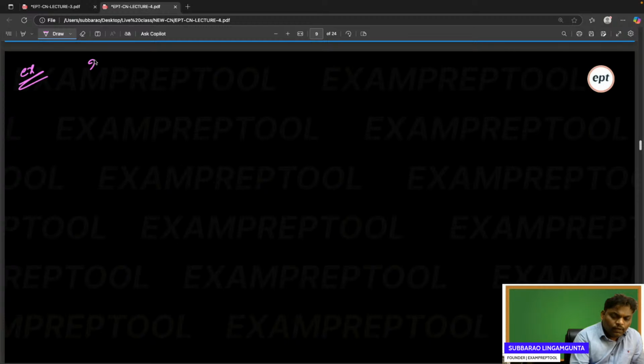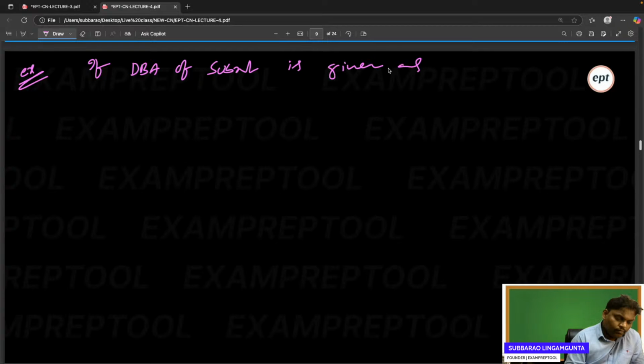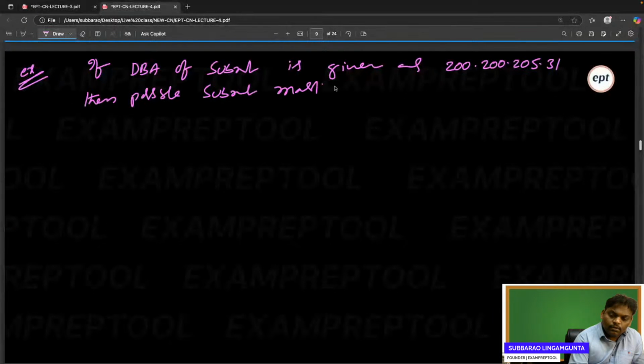If the IP address of a subnet is given as 200.200.205.31, then the possible subnet mask is: Option A, 255.255.255.192.